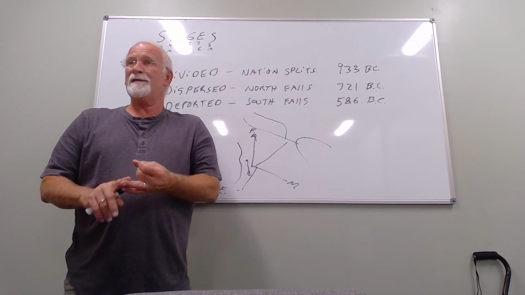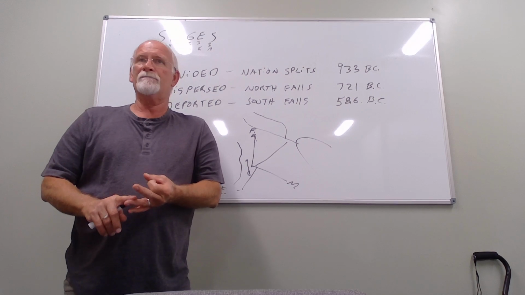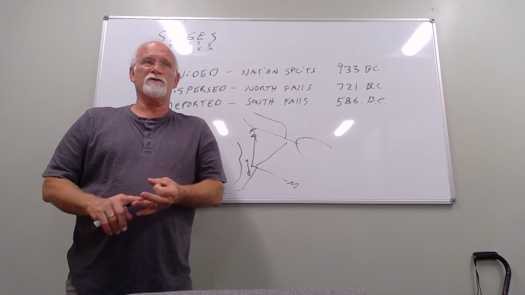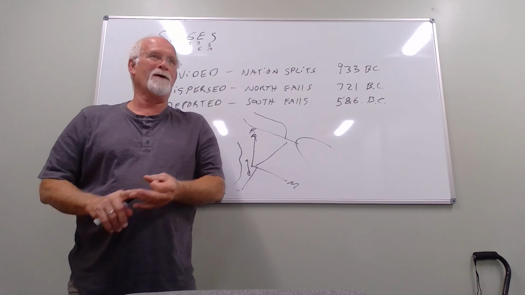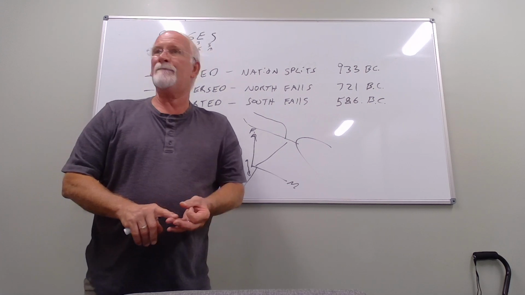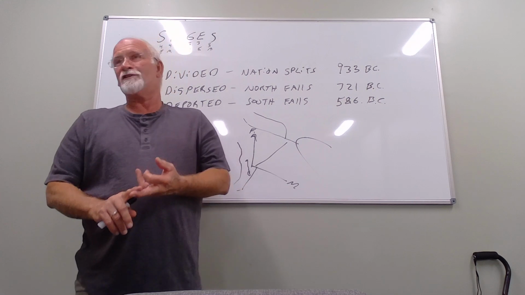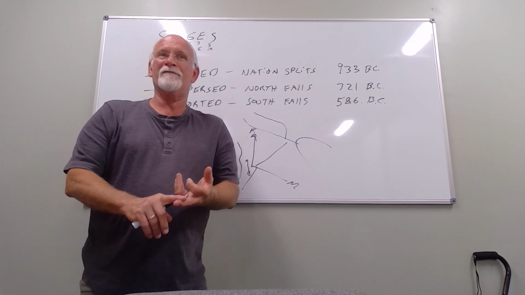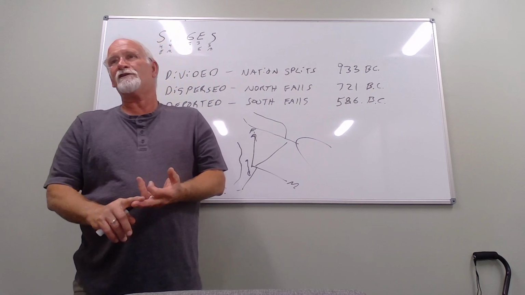So you can be a Jew, but if your mom marries a Gentile, you don't have a tribe. You're not a full Jew, you're just a partial Jew. If your dad's a Jew, but he marries a Gentile, you can be of the tribe of Judah, but you're not a full Jew because your mom's not a Jew.